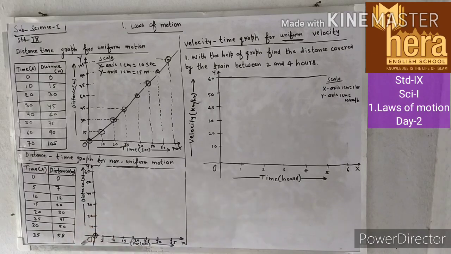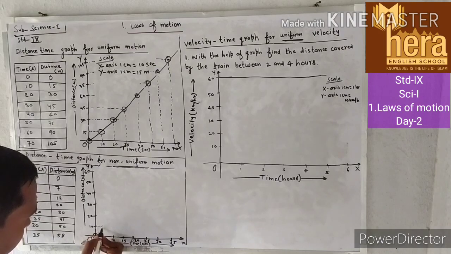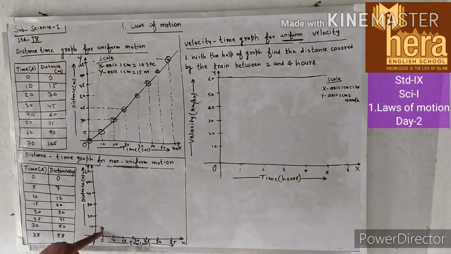This will be the point. Okay. T is equal to 5 second, distance is equal to 7 meter. See, this is 5 second, draw the perpendicular line. This is 10. Here, maybe here will be 7, below 10 will be 7.